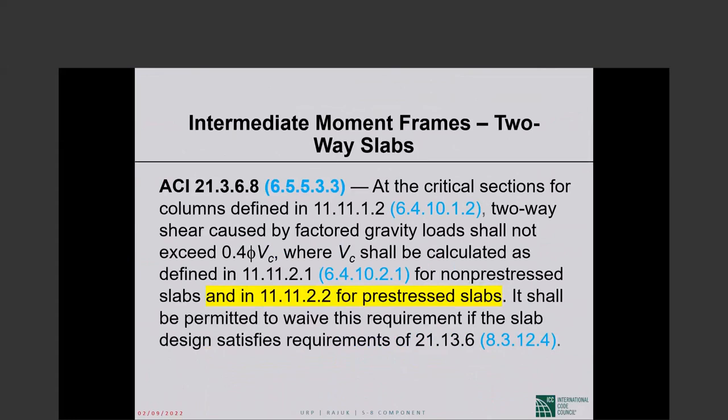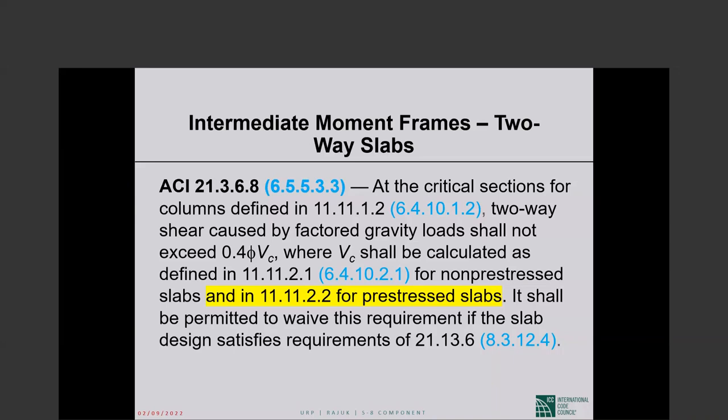Okay, so because of that, this is something extremely important. At the critical sections for columns, the critical section for two-way shear that you are by now totally familiar with, two-way shear caused by factored gravity loads shall not exceed 40% of phi times V sub c.